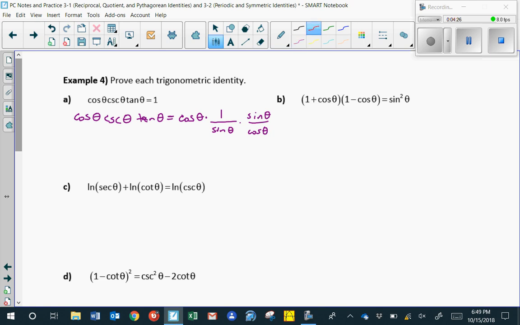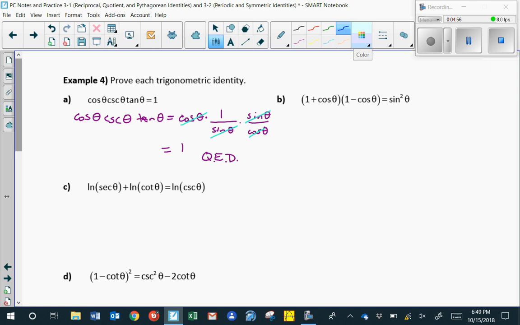Now at this point I can grab my handy-dandy red cancellation pen, or perhaps the blue one, and cancel the sine factors and cancel the cosine factors. What's left? 1. So we've now proven the trig identity, and you may choose to write QED after that if you wish. It's not required.